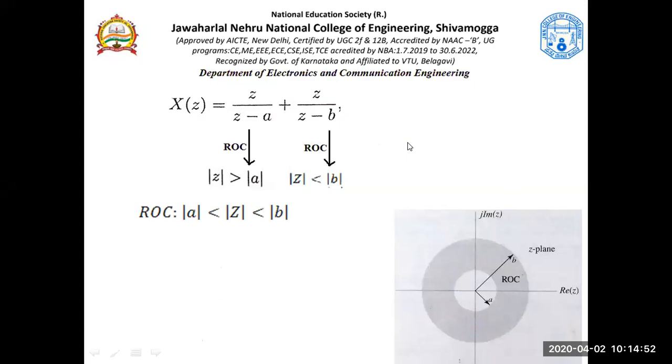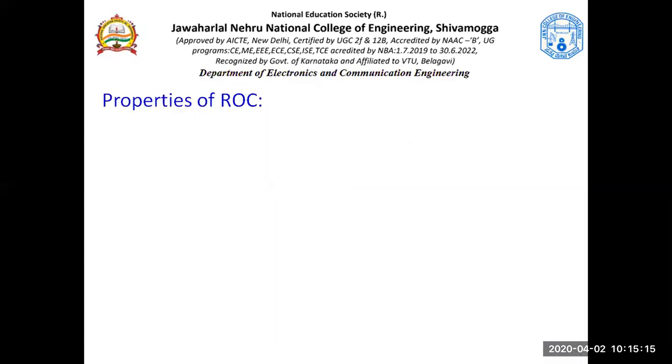Whatever we have done so far, whether it is the z transform of the finite sequences or z transform of infinite sequences, all that would be again recalled in the properties of ROC. Properties of ROC is very popular as far as the examination is concerned, because it's a popular question in exam.